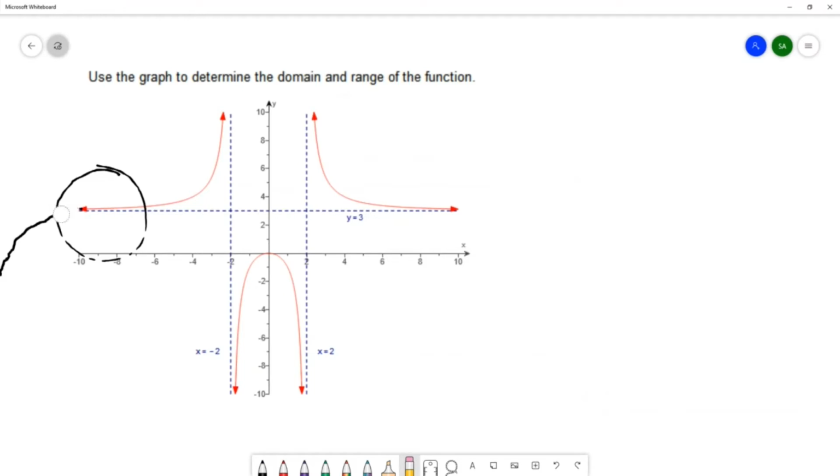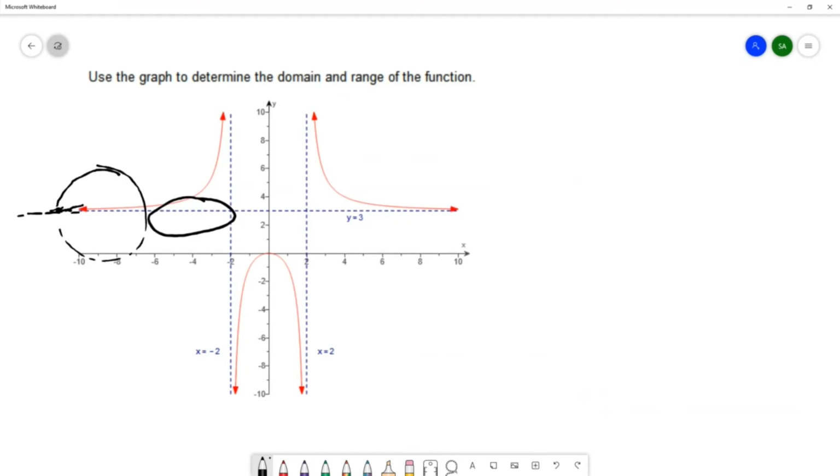However, this dashed line that we see means that it stops at that line. It's never going to pass that line. So it does keep getting closer and closer to that dashed line. It does keep going down to the left, but it never crosses that dashed line.